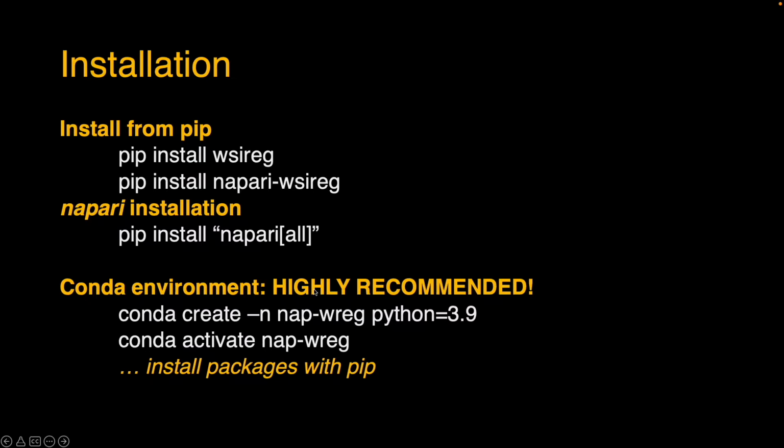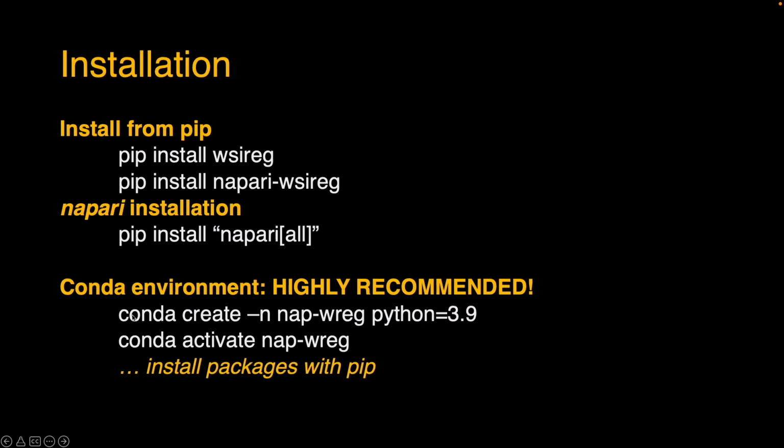I highly recommend using a Conda environment just so that you don't mix up a bunch of packages. You may have previously installed versions of certain packages that wsireg and napari-wsireg rely on, and they may interfere and cause wsireg and napari-wsireg not to work. When you create a fresh Conda environment, you can get around all of that because you won't have any packages installed except for the ones that wsireg and napari-wsireg require.